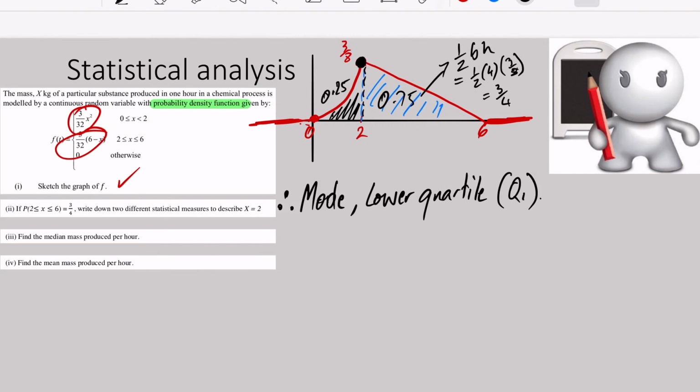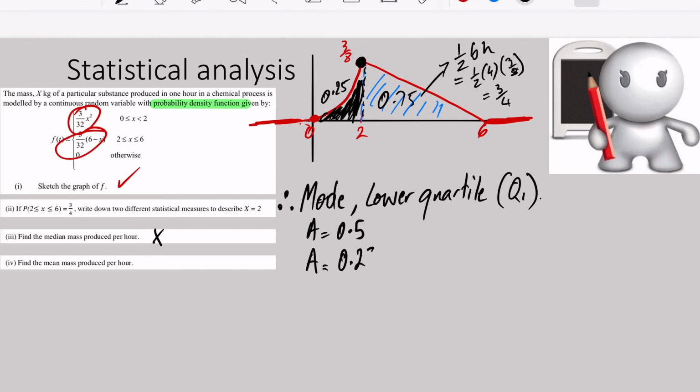Right. Now what we're after is to find the median. So we want the value of x that represents the median. Now we know from 0 to 2 is 0.25. So remember the median is the area under the graph that equals 0.5. So we've already got the area from 0 to 2.